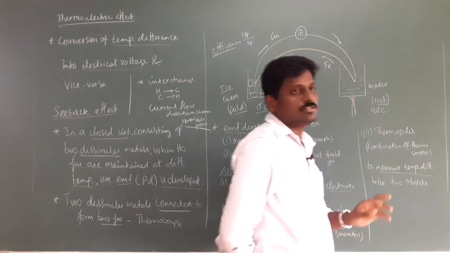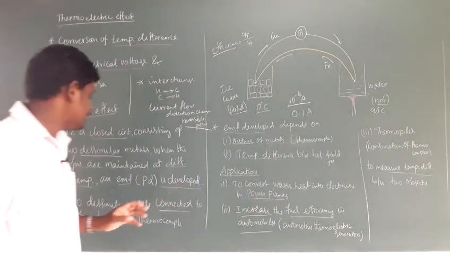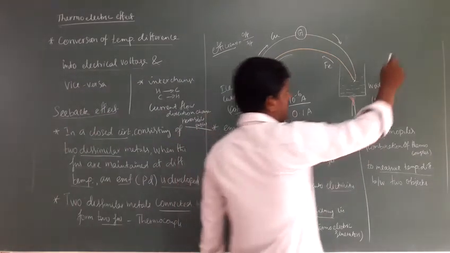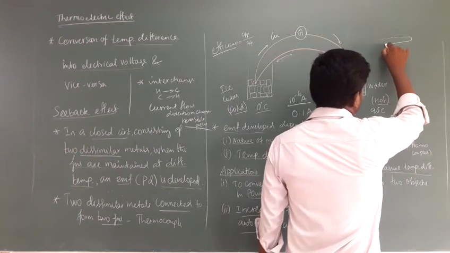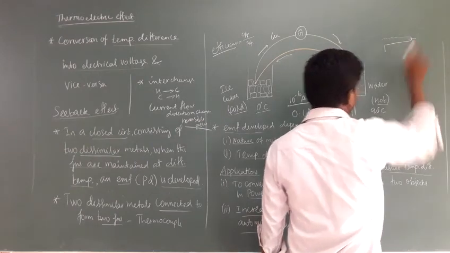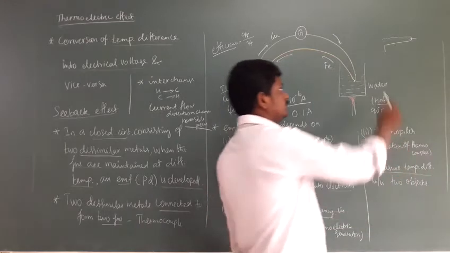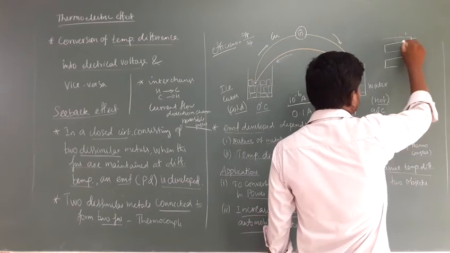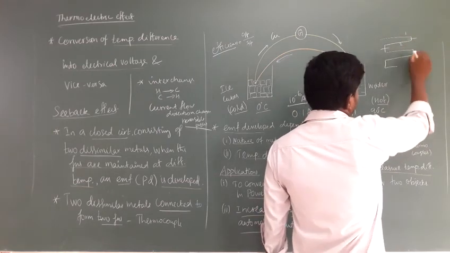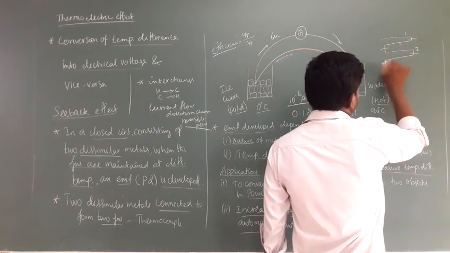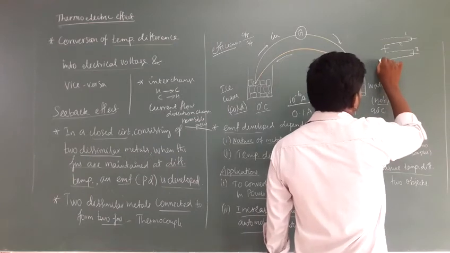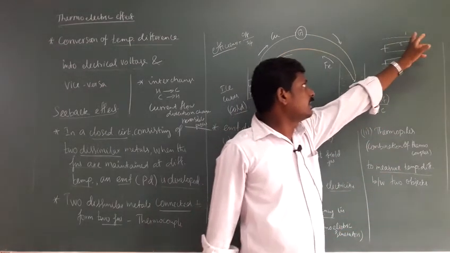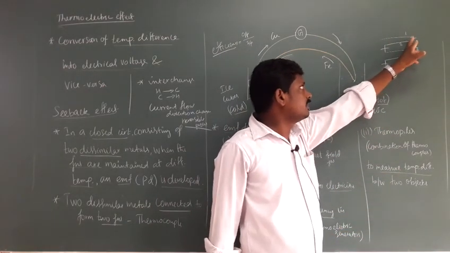Then the final one, thermocouples and thermopiles. A thermopile is a series combination of thermocouples. A thermocouple means two different metals. From here to there is metal 1, from this to this is metal 2.